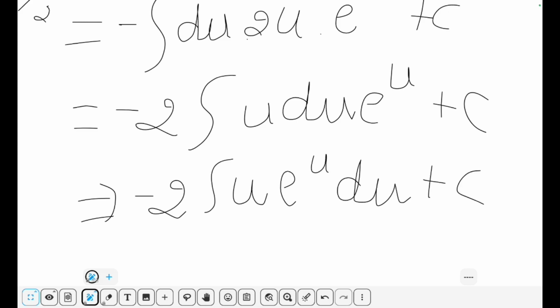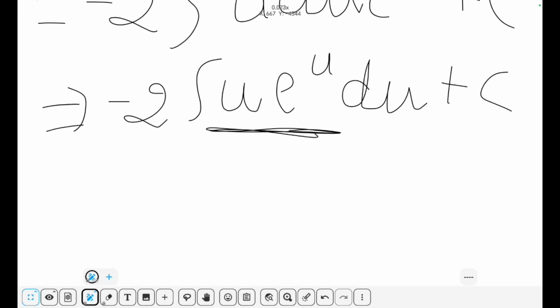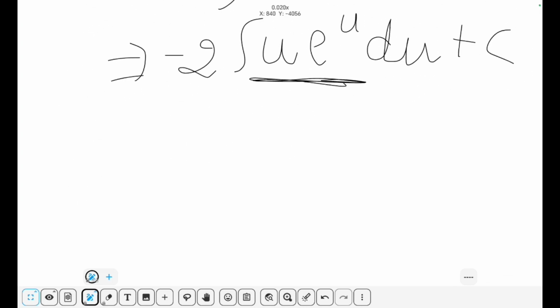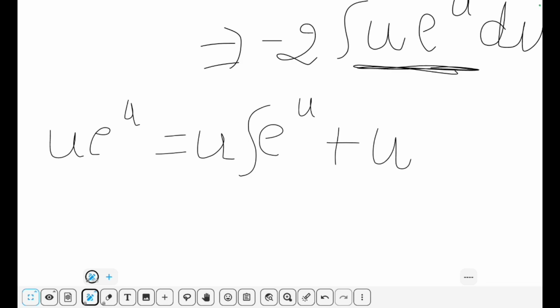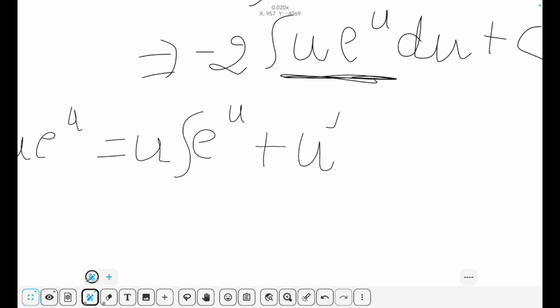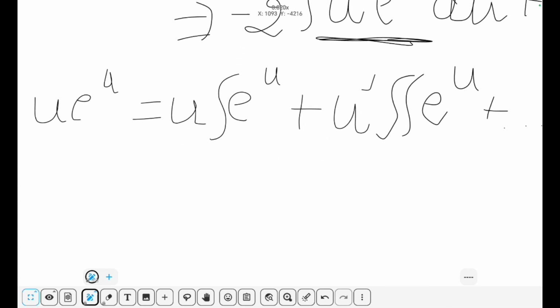We have learnt about integration by parts. For example, if I take u into e^u, that is u into the integral of e^u, plus u dash, the derivative of u, into the double integral of e^u, plus so on. It goes on, right, until we get the derivative constant.